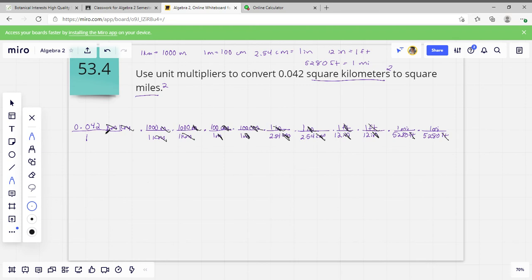So our answer is going to be 0.042 times 1,000 squared, so that's my 1,000, 1,000. I've got 100, 100. So I'm going to say 100 squared times ones.